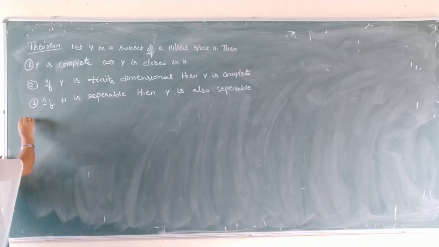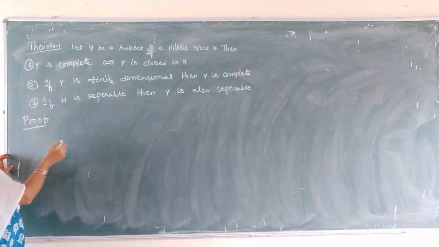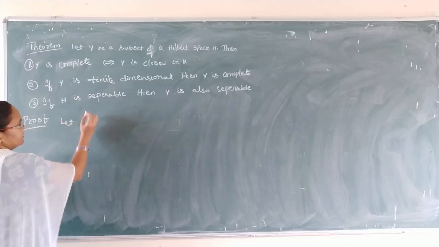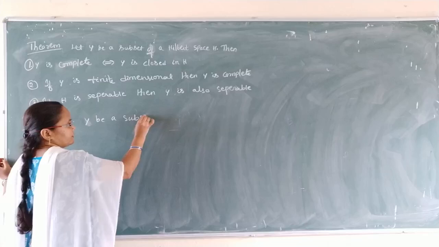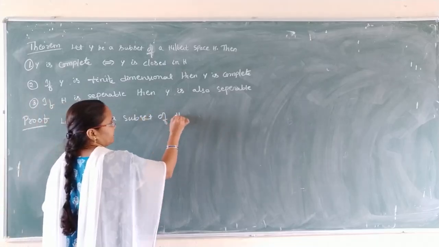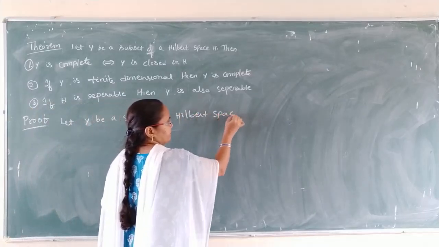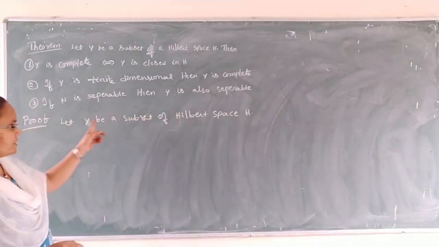See the proof now. In this proof, first we write the given conditions. Let H be a Hilbert space, and let y be a subspace of H. Only 2 conditions are given in the statement.